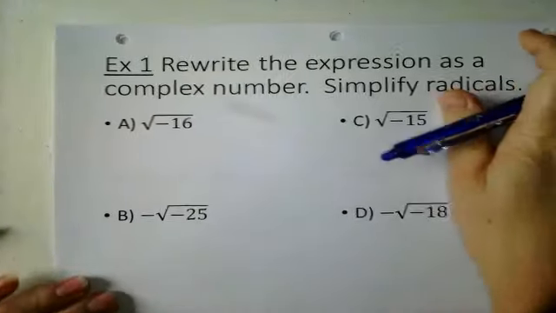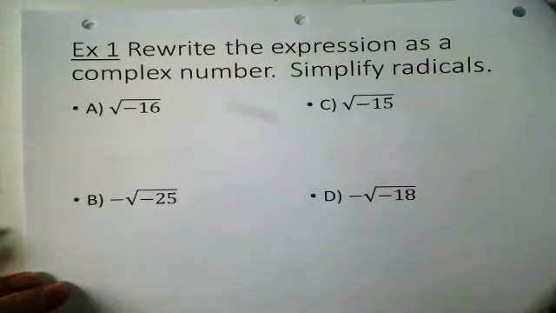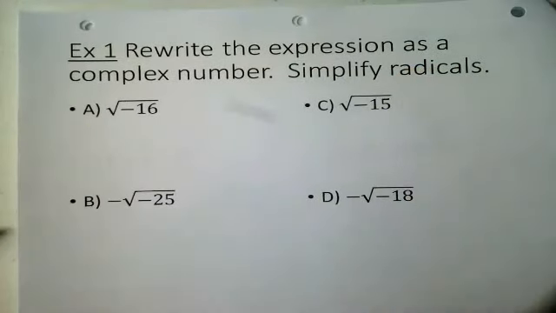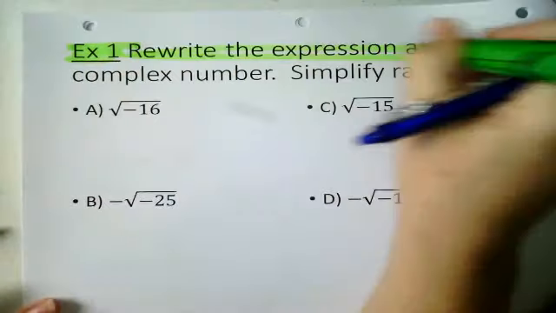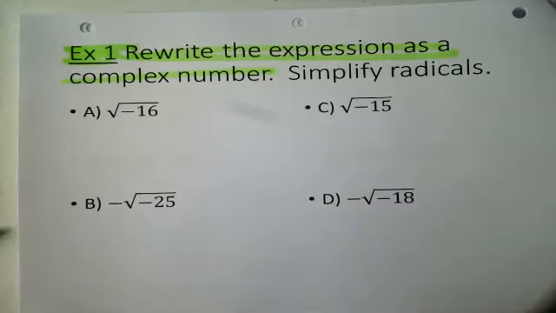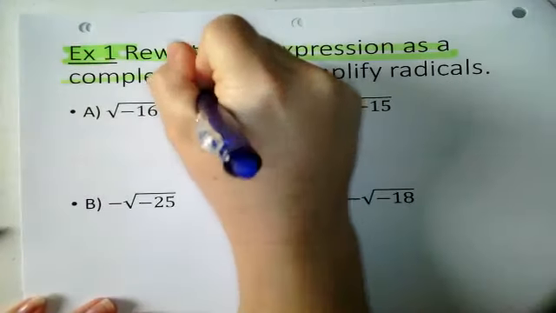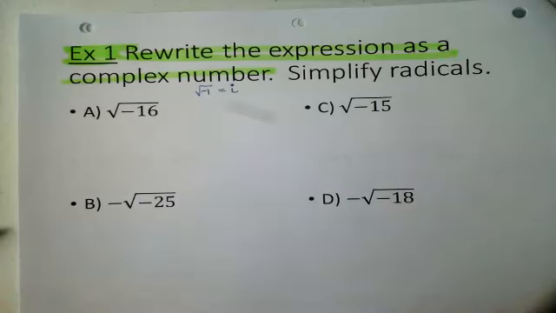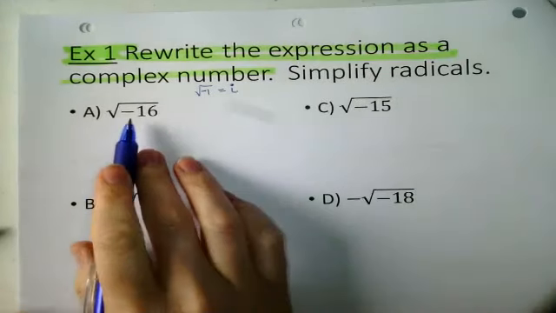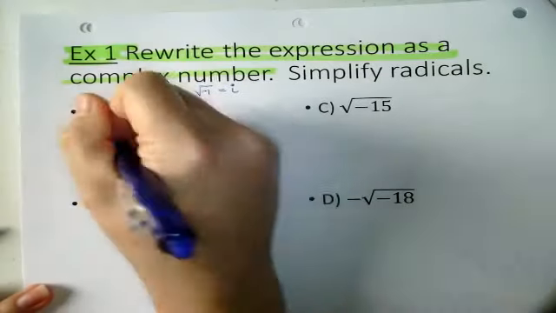Example 1, rewrite the expression as a complex number. Simplify any radicals. And a complex number just has i's in it. And so we want to remember that the square root of -1 is i. So they are equal to each other. They can be replaced. So I can think about this as radical -16.